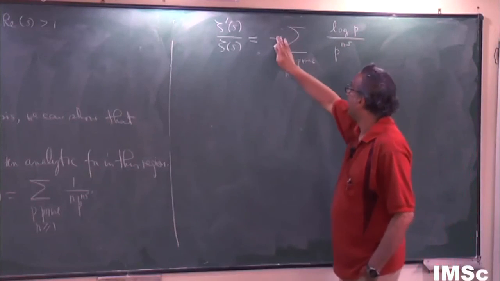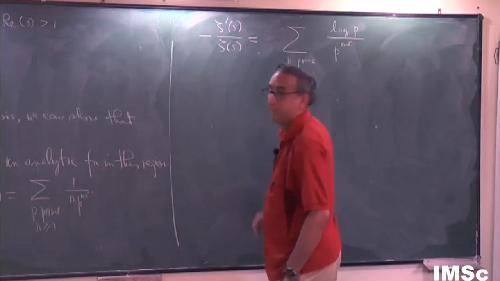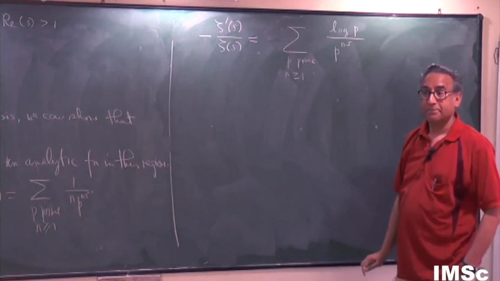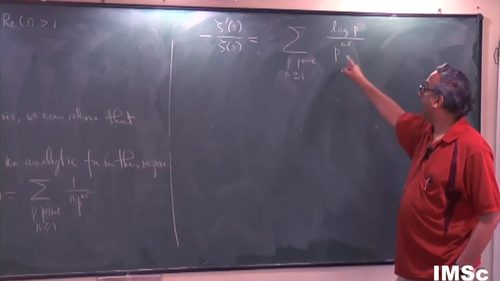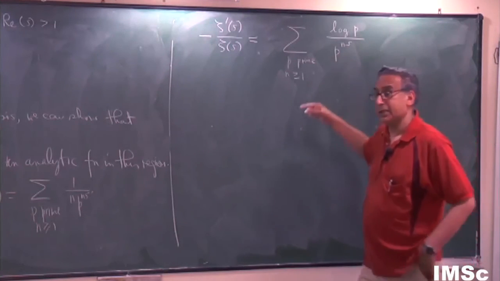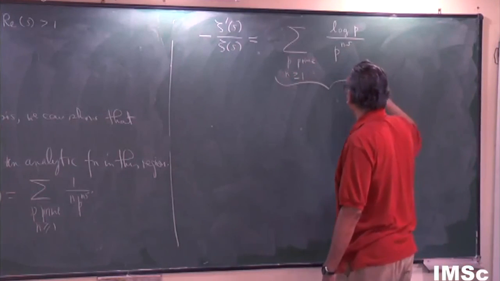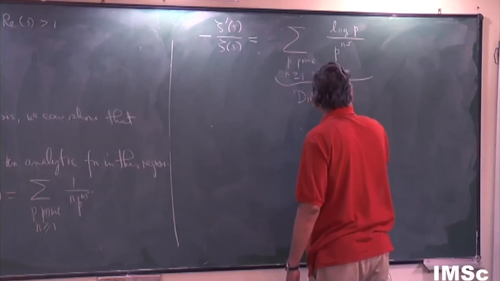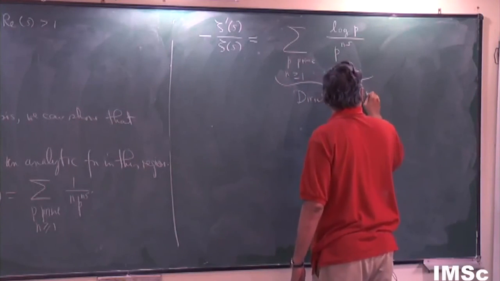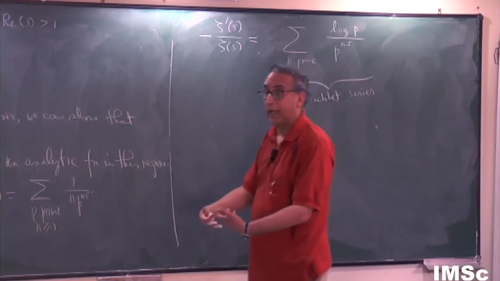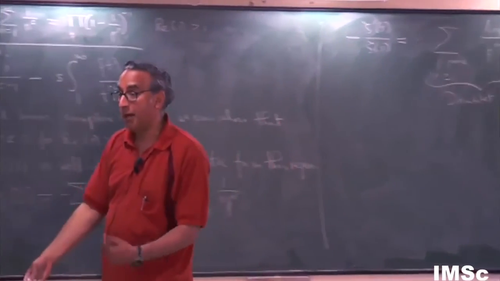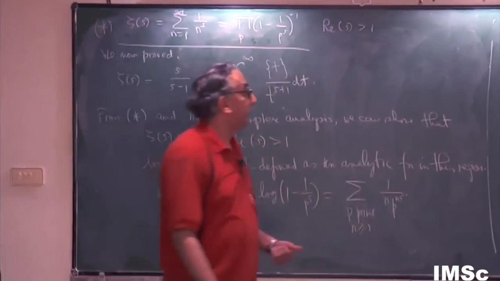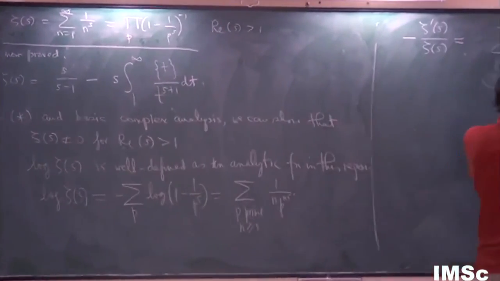Okay, take the minus to the other side. And I have here a Dirichlet series. So this is actually a Dirichlet series, and it is only supported on prime powers. So I can write this as a Dirichlet series.